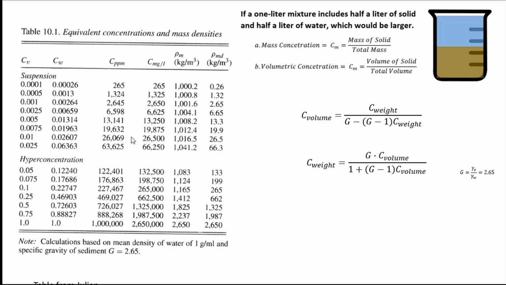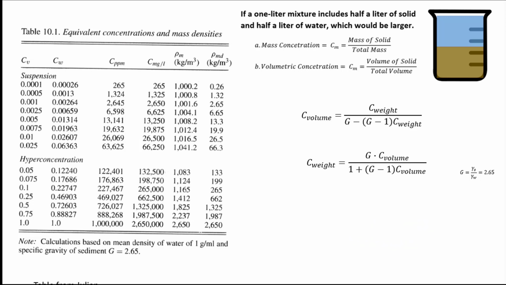People will ask me, how do you convert parts per million to milligrams per liter? I'll say, you just did, right? That's essentially the same. But as you get into hyperconcentrated flows, parts per million and milligrams per liter start to diverge because the concentration by mass and the concentration by volume are so different.